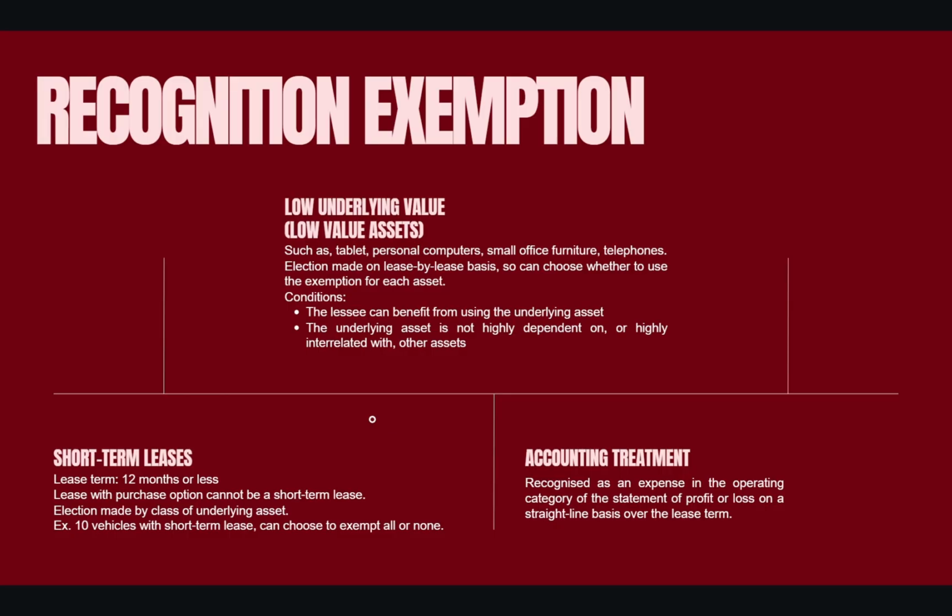For example, if there are two different contracts with the same class of asset, for example, computer 1 and 2, you can choose to exempt computer 1 but include computer 2. However, there are some conditions to this low underlying value, which is that the lessee can benefit from using the underlying asset, and the underlying asset is not highly dependent on or highly interrelated with other assets.